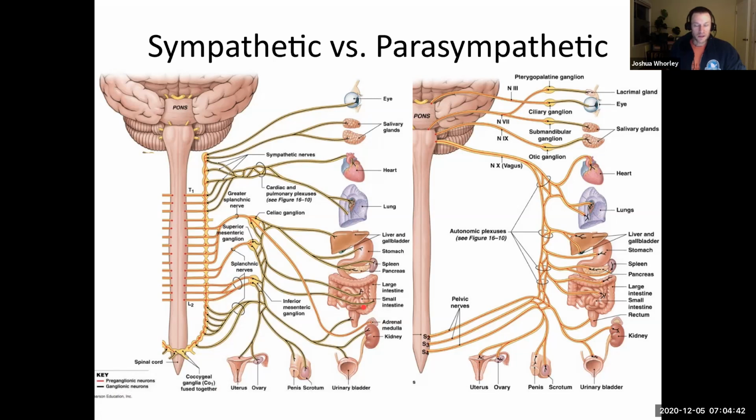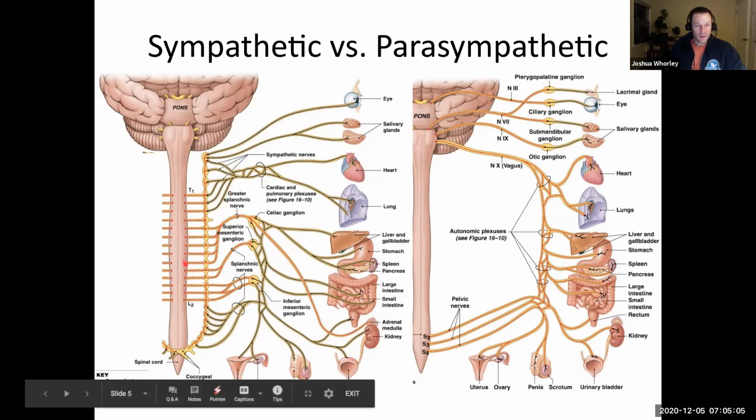So that's in comparison. In contrast, you'll see that all of the nerves that are responsible for stimulating these tissues via sympathetic fibers are originating in the thoracic vertebrae, a couple lumbar as well, but they're basically in the thoracic segments of the spinal cord, right?